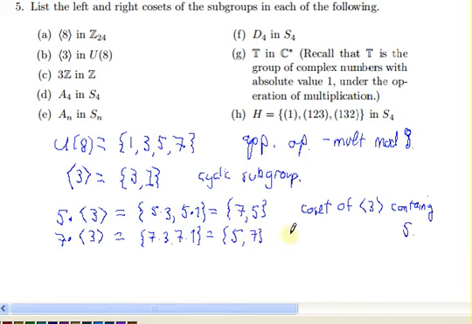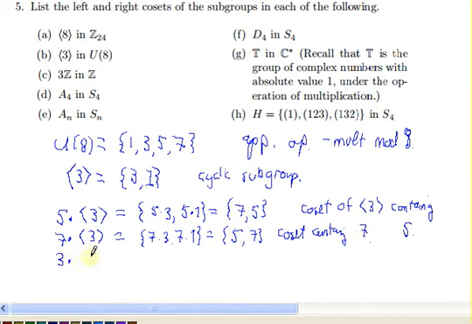Okay, so this is the coset of 3 that contains 7. Notice that if I multiply the cyclic subgroup generated by 3 by 5, I get this set, and I also get the same result if I multiply by 7. So I actually end up with the same set. Okay, so this is the coset containing 7.